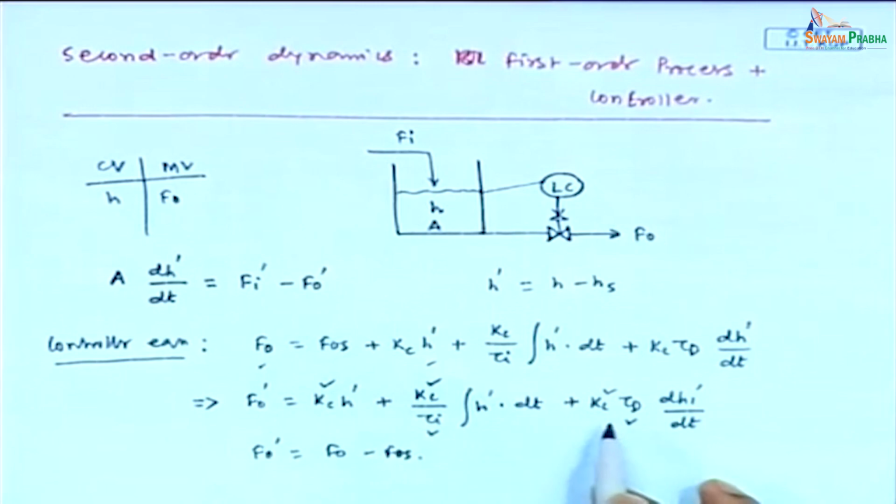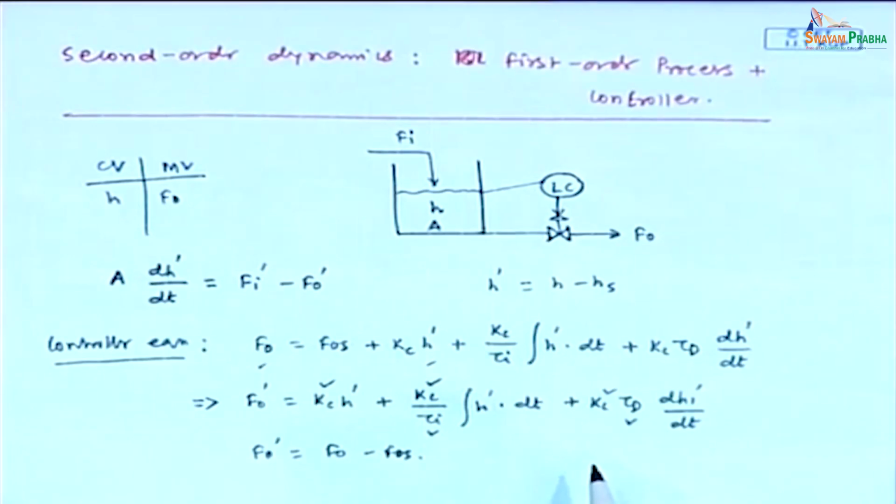In this controller equation Kc, tau I and tau d are constant parameters.